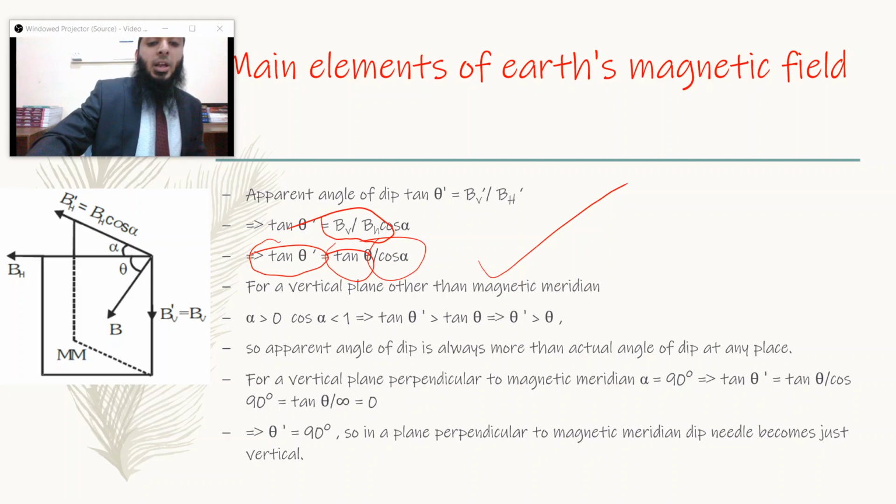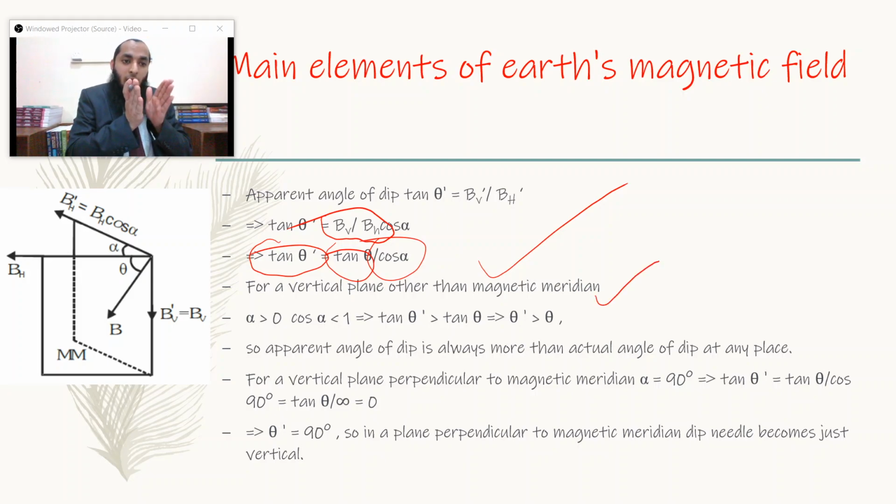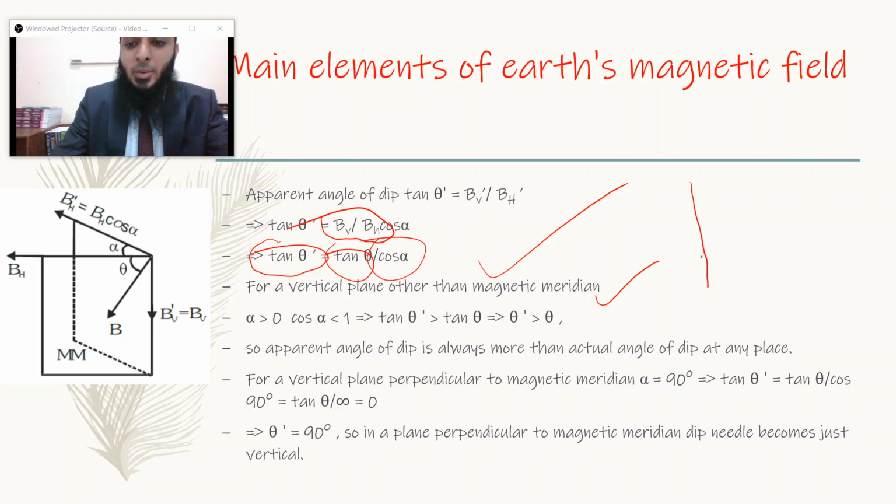Now for a vertical plane other than the magnetic meridian, if the plane is the magnetic meridian, alpha will be 0. If the plane is other than the magnetic meridian, there will be some positive alpha. And when you increase the value of alpha, cos alpha will decrease, because the graph is like this, right?